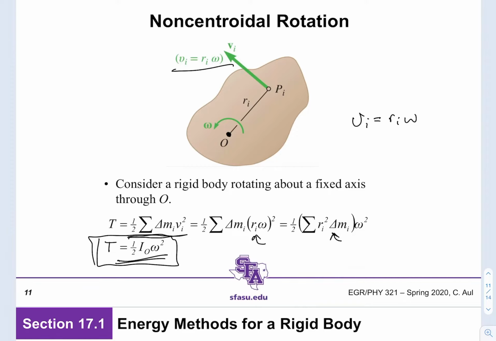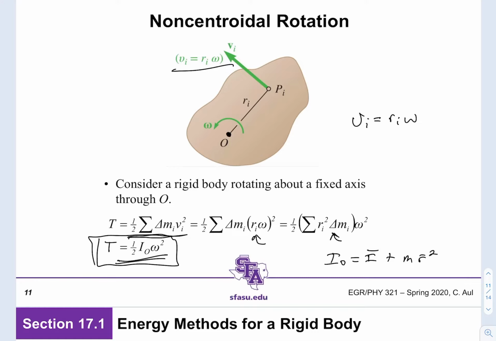Okay, so we can also define, if we have fixed axis rotation through O, that my kinetic energy would be 1/2 I_O omega squared. Now remember here, I_O has to be developed if you only have I bar, which is typically what we give you.